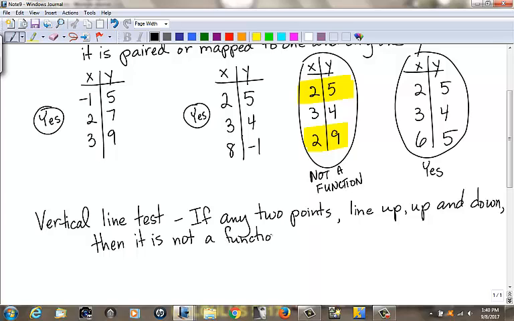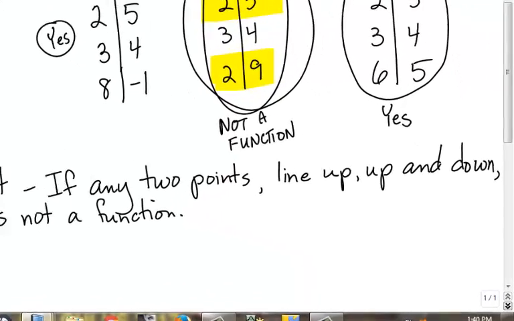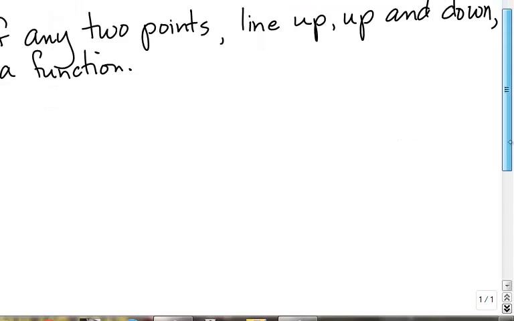So you ought to be able to tell by looking at a graph whether or not it's a function. If 2 points line up and down, it is not a function. This case would be 2 points. You'd have 2, 5 and 2, 9 that would line up vertically. So it's not a function.